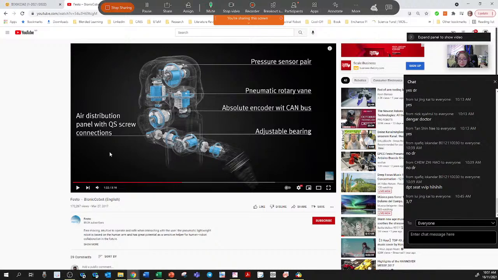So if you see here, these are the components inside the bionic robot. You see that there's a pressure sensor. If you want to control it, you need to have a sensor. Then just now I was mentioning the rotary pneumatic actuator. Most of the time, if it's a rotary type actuator, they call it a rotary vane, so a pneumatic rotary vane. And we have bearings, which means the mechanism inside. So most of the time you will have a mechanism.